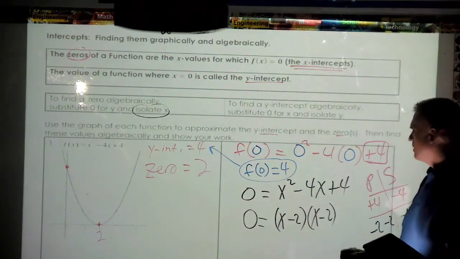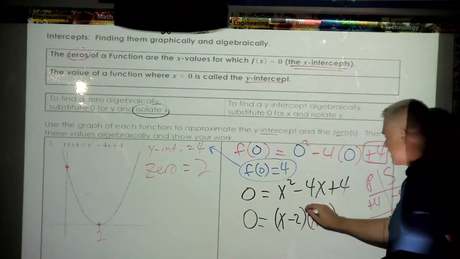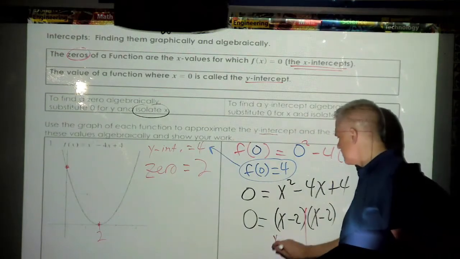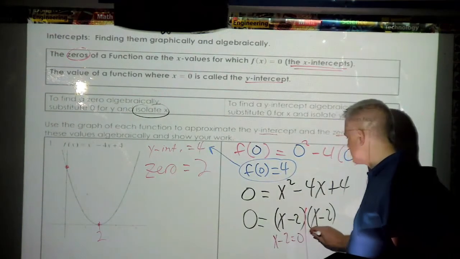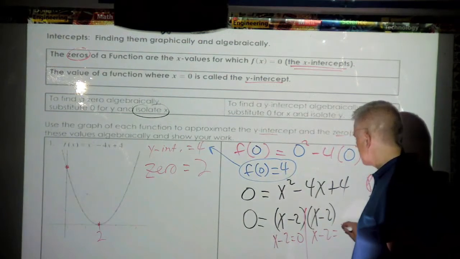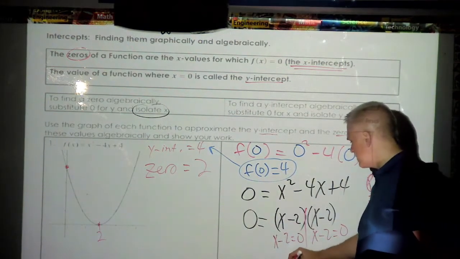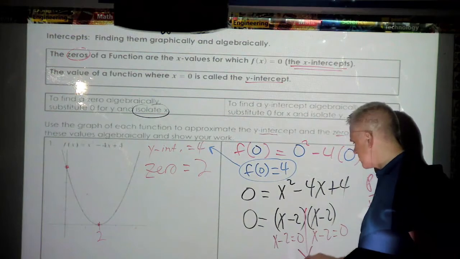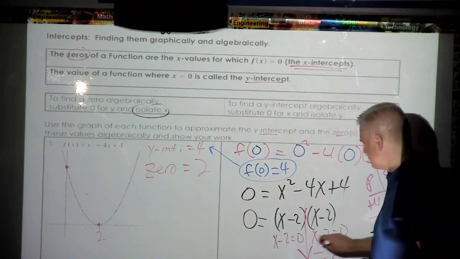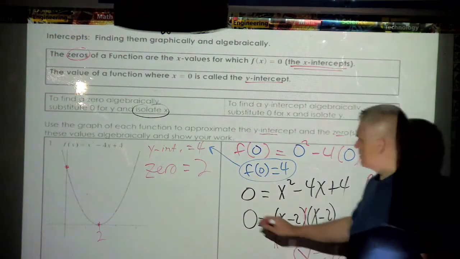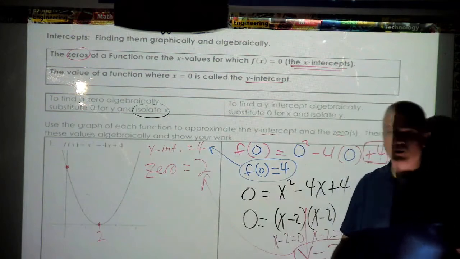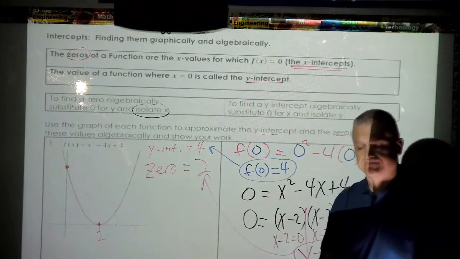Last thing you do, split it: this x minus 2 could equal 0, or this x minus 2 could equal 0. Add 2, and you find that on both of those, x equals 2. Well, great. That's exactly what we thought it was going to be. Very nice.